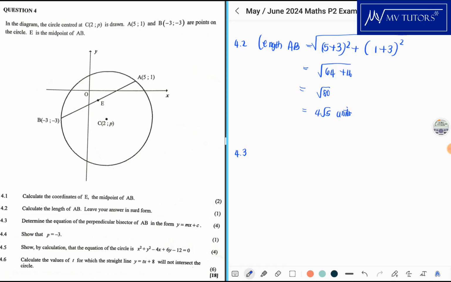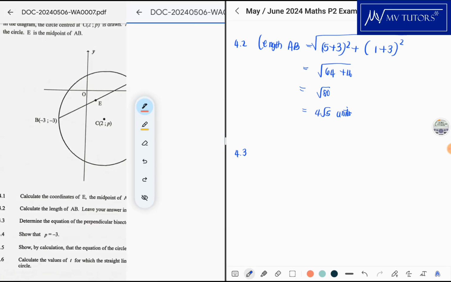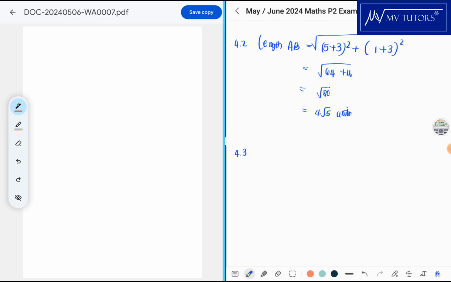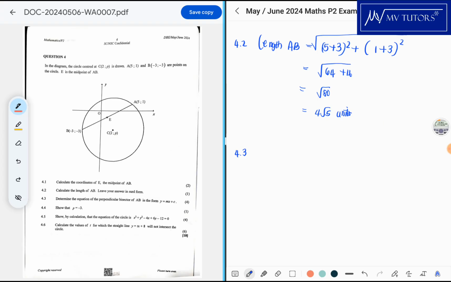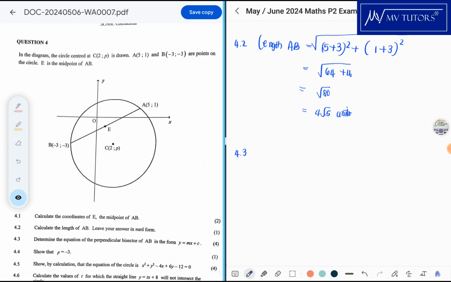Okay, 4.3 says, determine the equation of the perpendicular bisector of AB. Alright, in the form y is equal to mx plus c. So how are we going to do that? Well, let's just see first what's what.